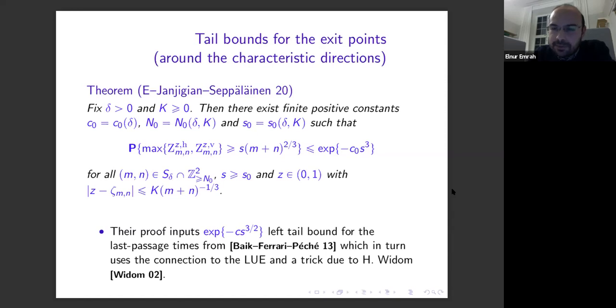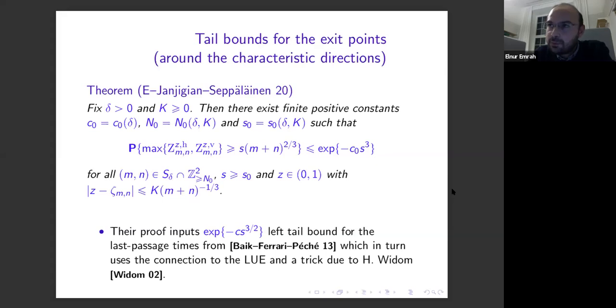Okay, so that's a very good question. But I guess this is really related to the lower tail of LPP instead of the upper tail? Well, the lower tail of the LPP does come in the proof.